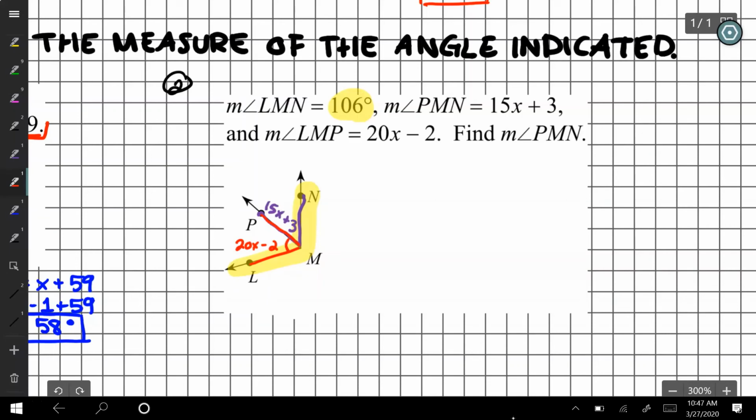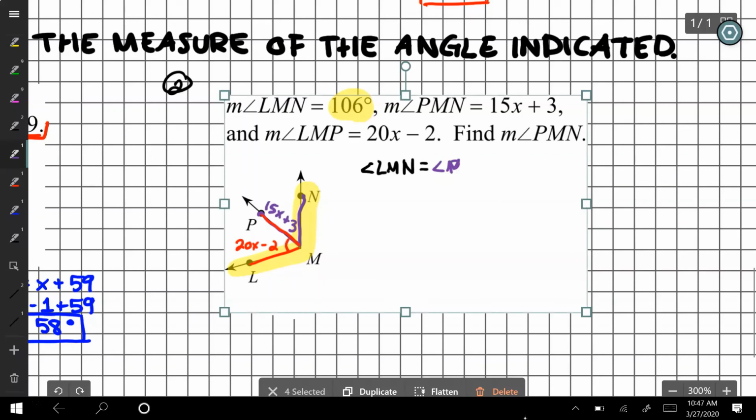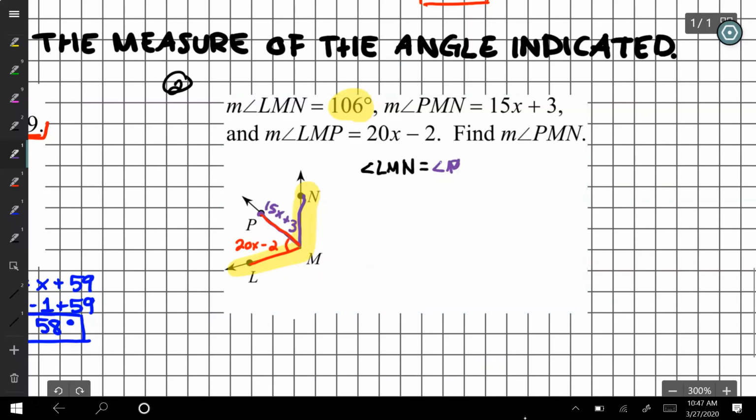Alright, so let's get our formula, our equation set up. So angle LMN equals angle PMN plus angle LMP.